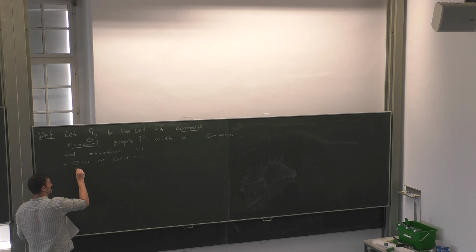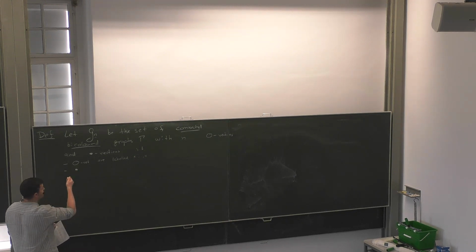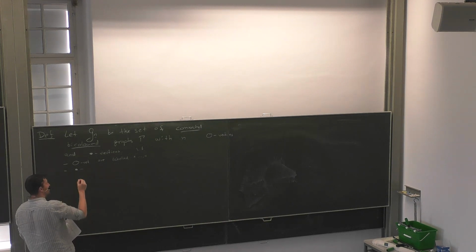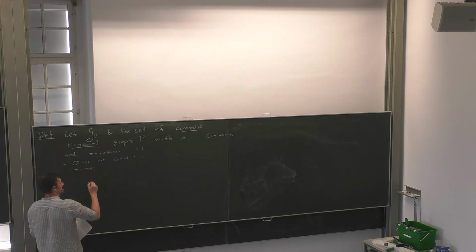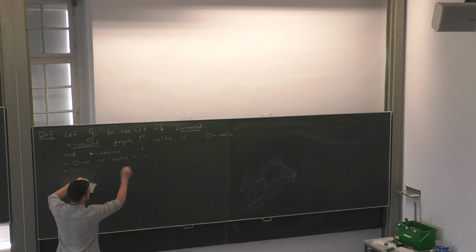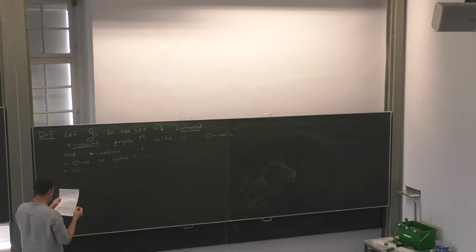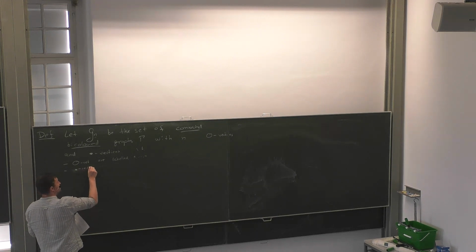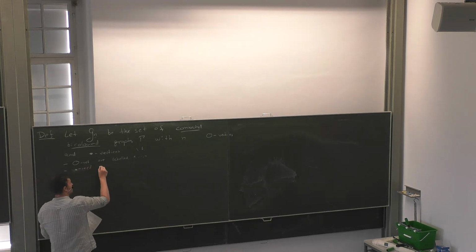Then, the bullet vertices, I want to say black, but it's white here on the board, are just, so essentially bullet and circle vertices are just connected to each other, which means bicolored essentially.